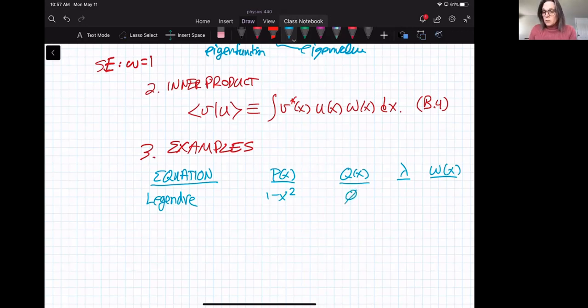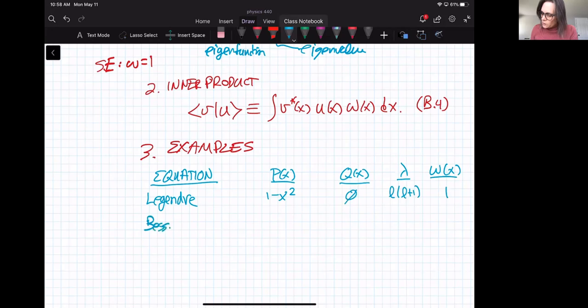There's no Q of x. The eigenvalue is, depending on how you write it, L times L plus 1, and the weight is 1. So if you were to check two eigenfunctions of the Legendre equation for orthogonality, you wouldn't have to worry about weight.